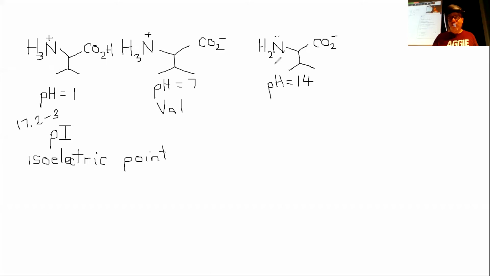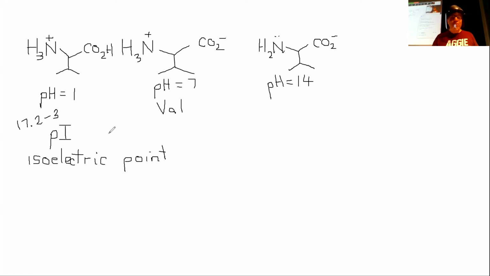You need a much stronger base than hydroxide to pull the proton off of an OH group of an alcohol. So anytime that the side chain doesn't get involved with any of these ionization changes or these states of charge over here, calculating the isoelectric point is dirt simple.